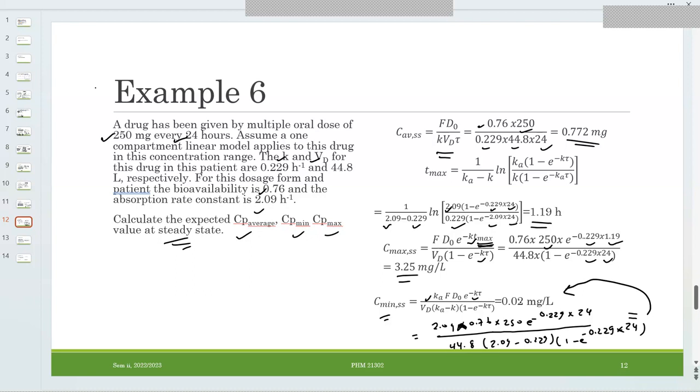Then the result is equal to 0.02 milligram per liter.